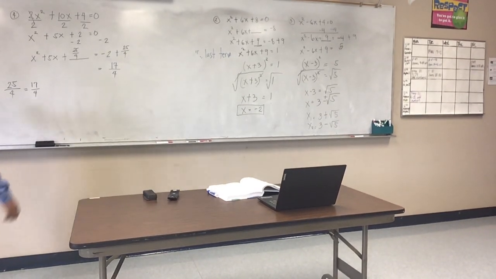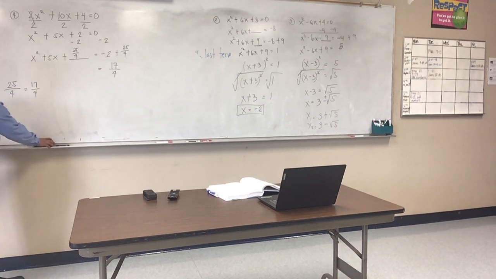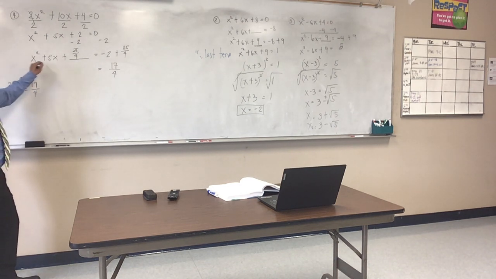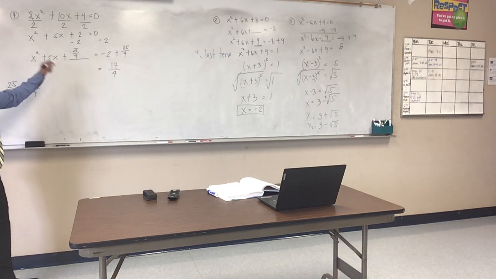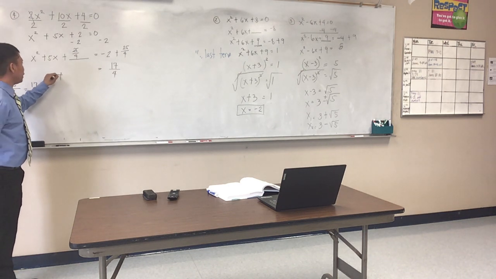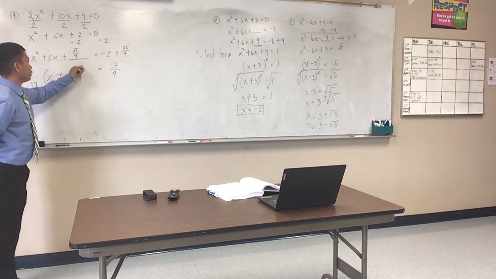Since we have x squared plus 5x plus 25/4, what would the perfect square of this one be? X plus 5/2 squared.